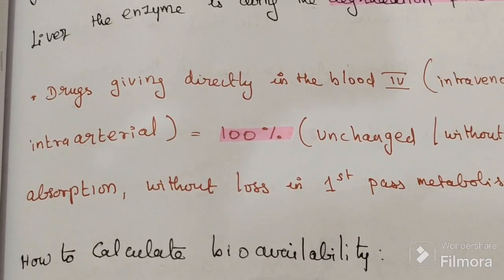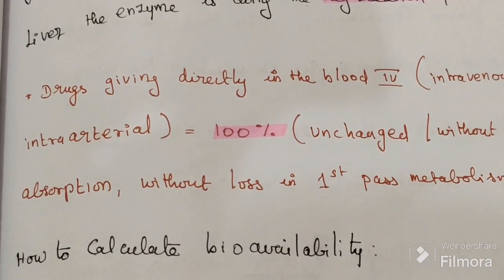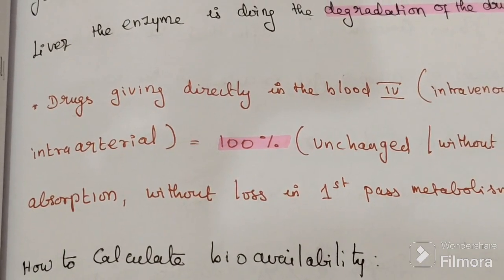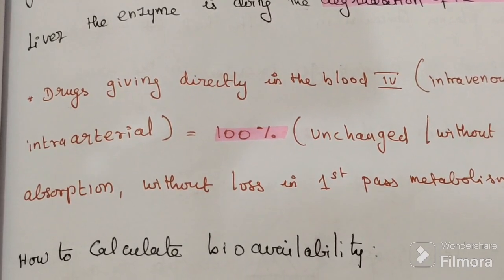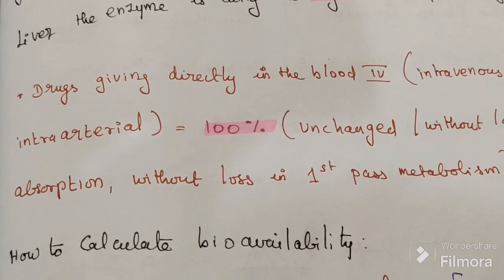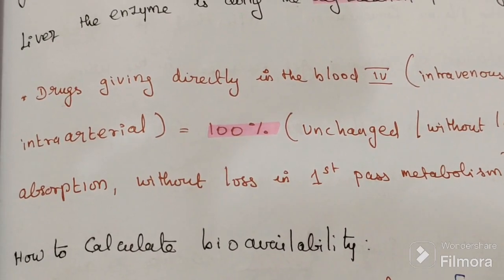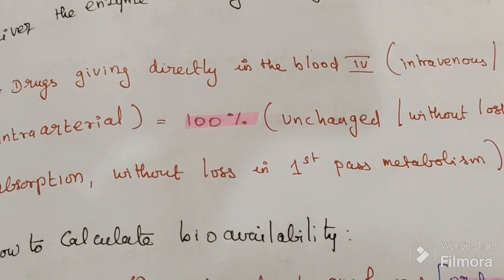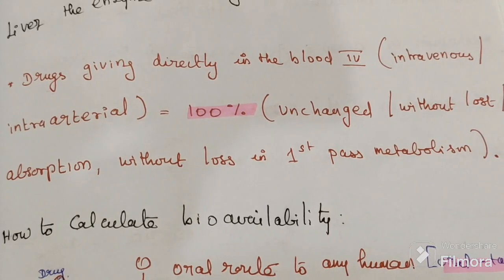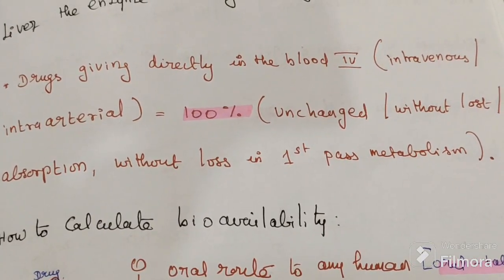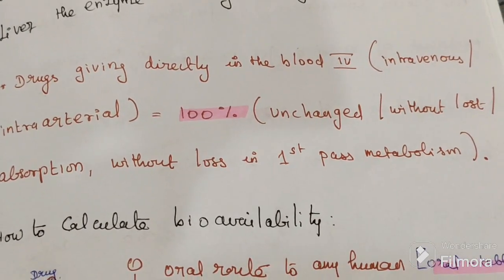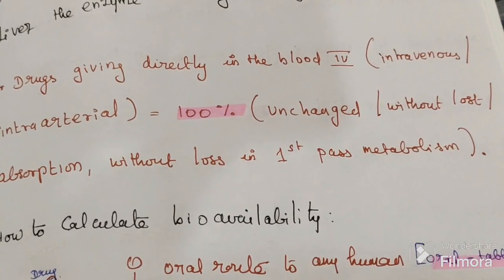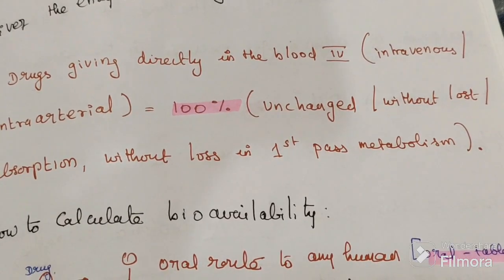With whatever other route I give, it is never 100. So 100 percent bioavailability occurs only in intravenous, unchanged, without loss in absorption and without loss in first pass metabolism.